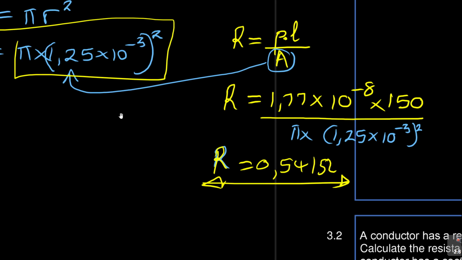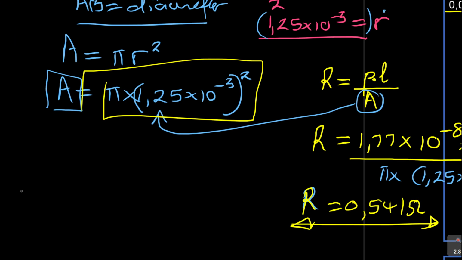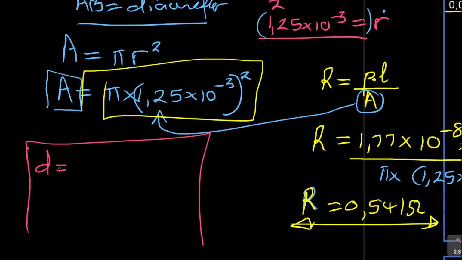If you wanted to do it the other way around, which is using the diameter, remember I said you can use the formula for the diameter and the area, whereby you say area is equal to pi d squared over 4. If you can master this formula, this is also good.